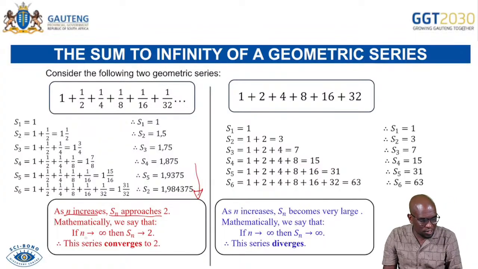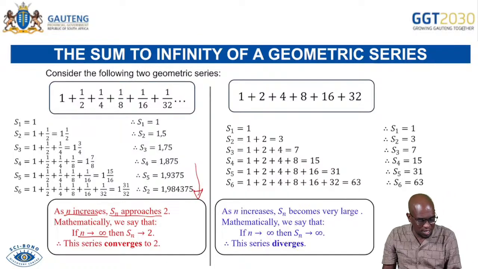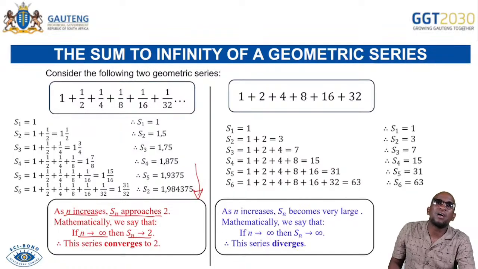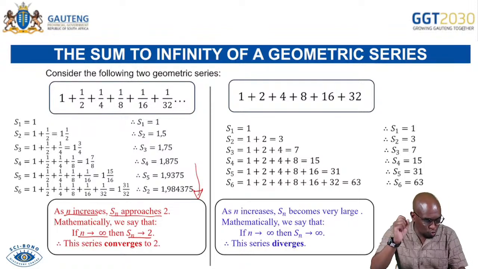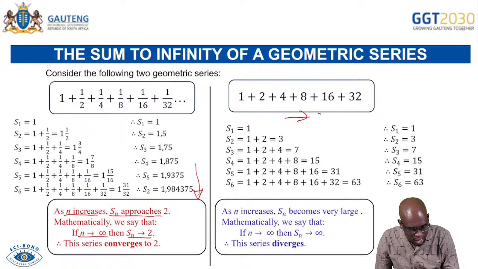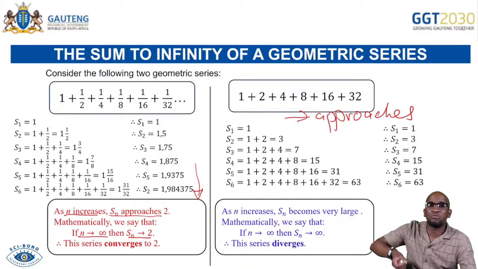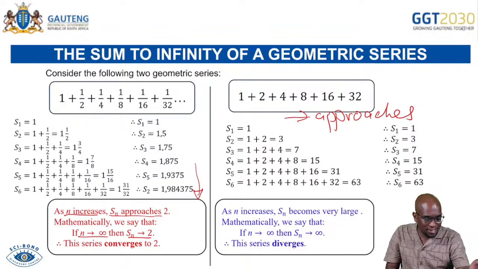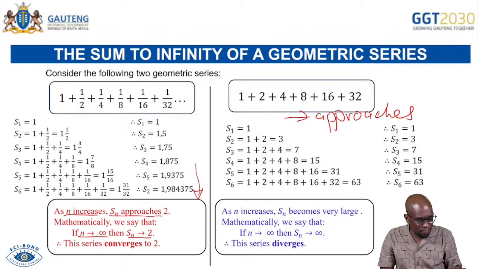Now, mathematically, we say as n gets bigger, as n gets to infinity, S sub n approaches 2. This arrow is saying approaches. You read it as approaches. That's what it means in mathematics. You will see it as you move with your curriculum. S sub n approaches 2 as n approaches infinity.